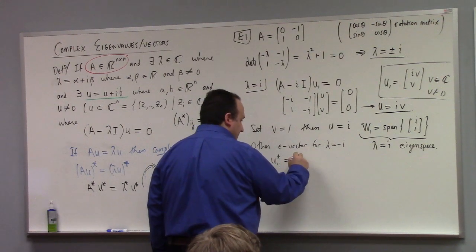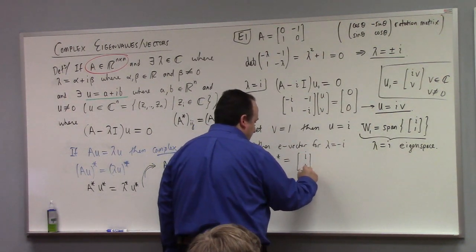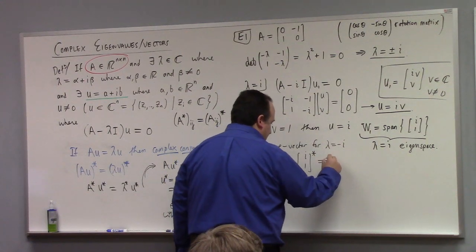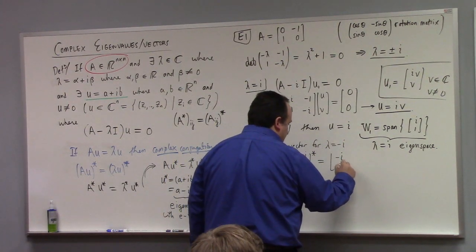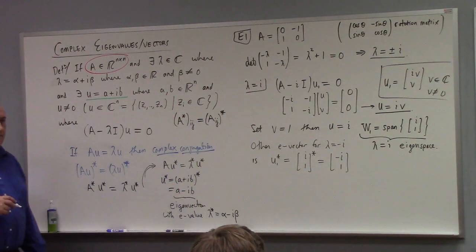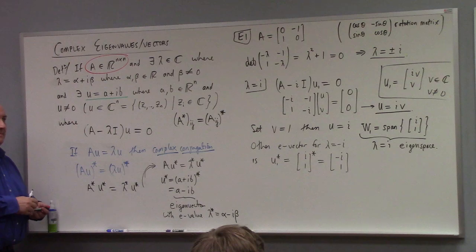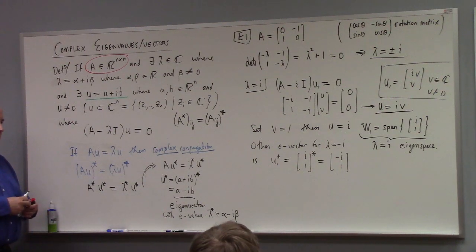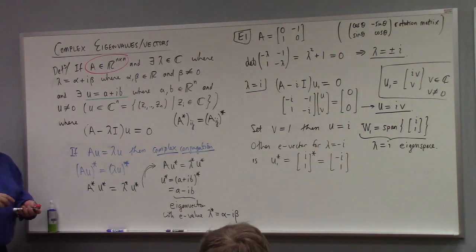So if I use my i1 and complex conjugate that, I would have minus i1. All right. Any questions?